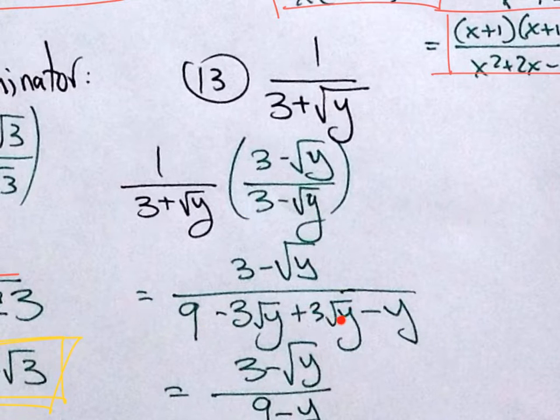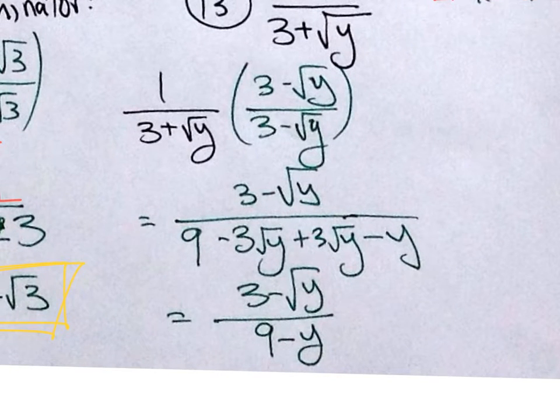Notice how the middle terms cancel. Notice how square root y times square root y is y. Why? Ha! You know why. Alright. And so up top, 3 minus square root y, and the middle terms cancel. Most definitely. And we have a 9 minus y. Yeah, there's nothing else we could do.